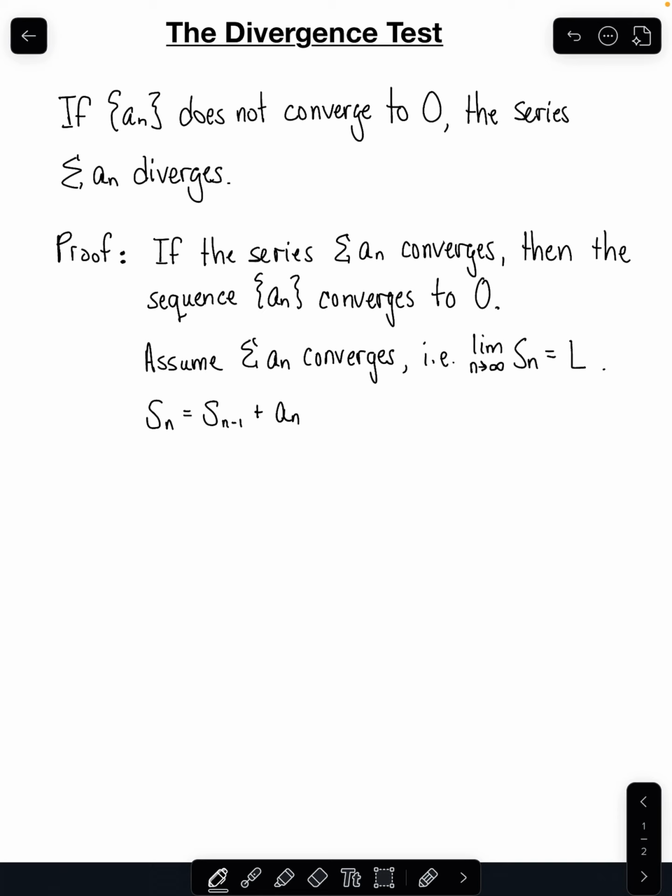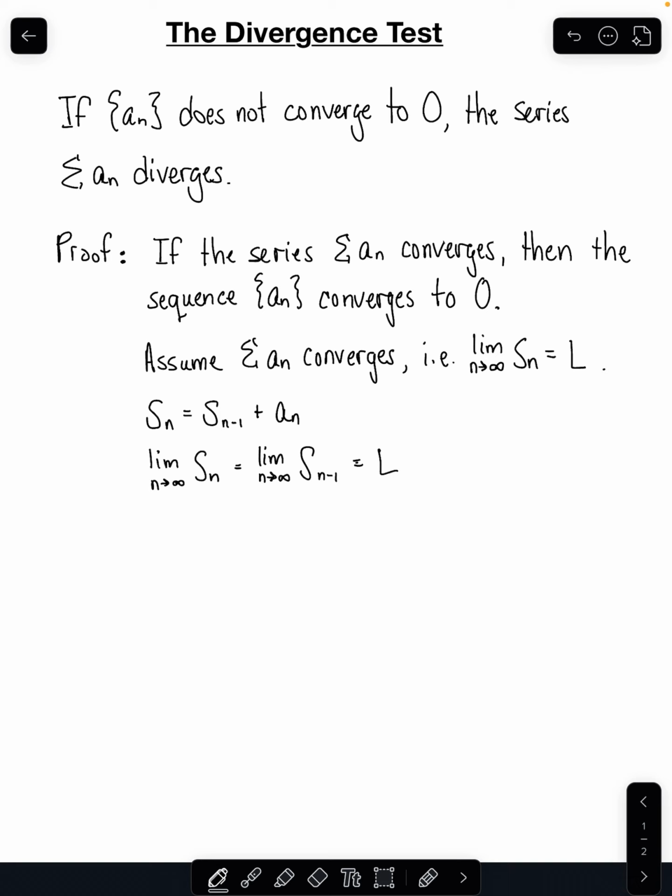And furthermore, the limit as n goes to infinity of s sub n will be the same as the limit as n goes to infinity of s sub n minus 1. They both have the same limit, and the idea is that that last extra term is all that separates them from each other.